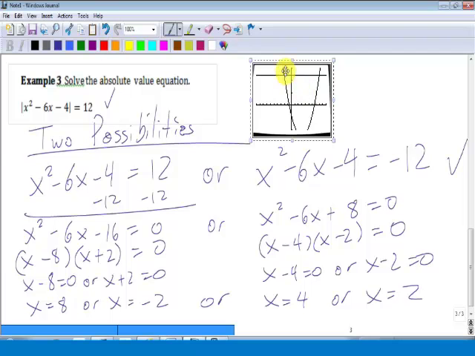This portion right here is going to stay just like that when we graph y equals the absolute value of x squared minus 6x minus 4. And this right here is going to stay right there, because the absolute value of something that's positive is just that thing. But what's going to happen to the bottom portion of the graph, that which is below the x-axis when we take absolute value?